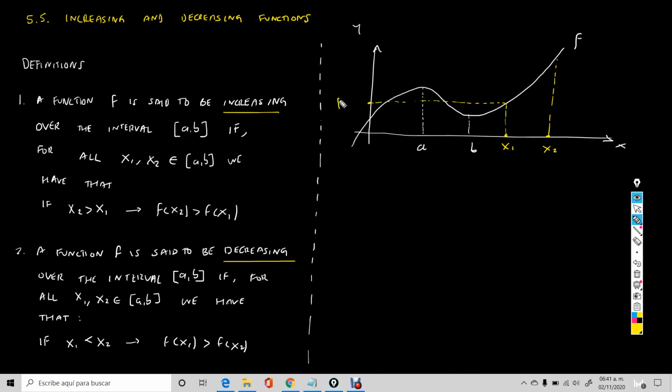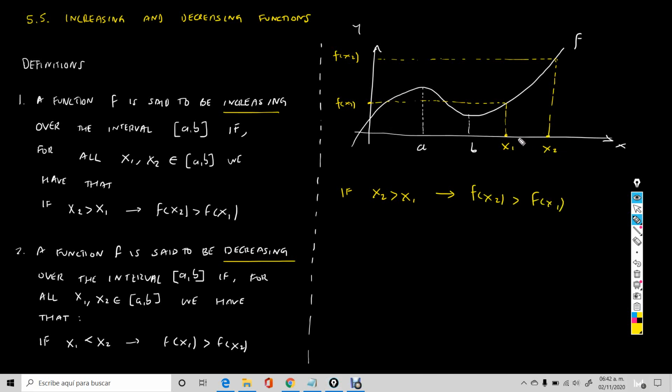This is f of x1, and if this is x2, then we trace this perpendicular to the x-axis, and then this other perpendicular to the y-axis, so that we can find f of x2. So basically what we can see is the following. If x2 is greater than x1, which in fact they are, okay, then f of x2 is greater than f of x1.